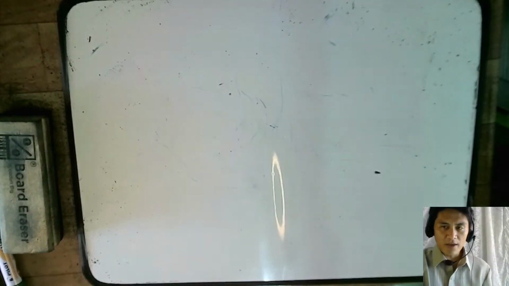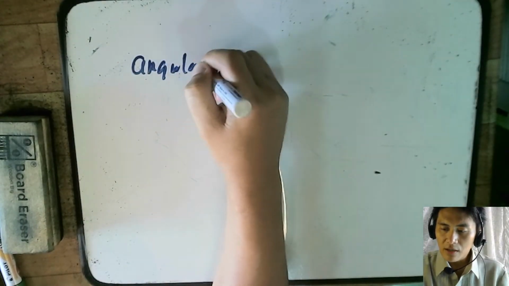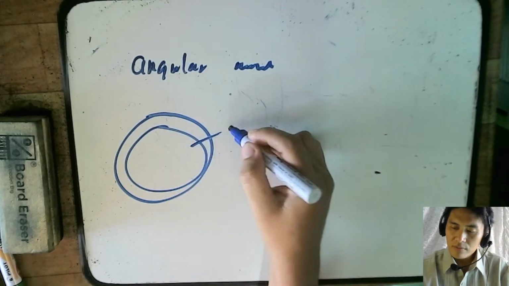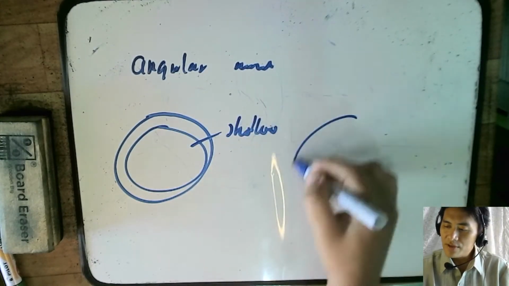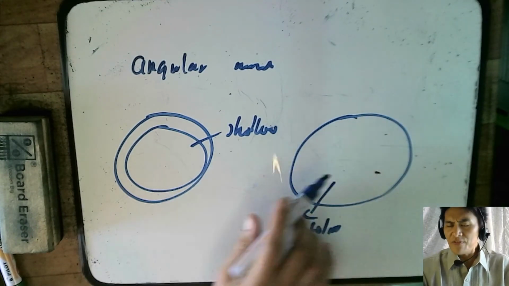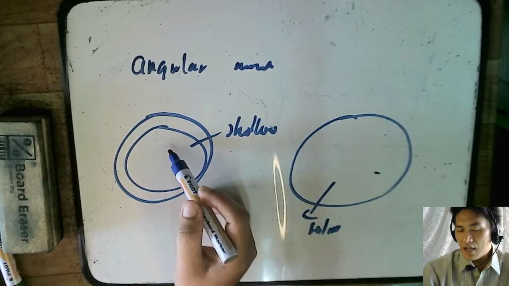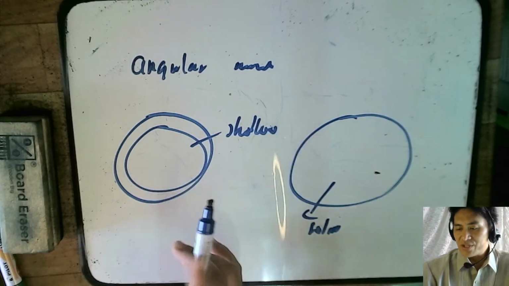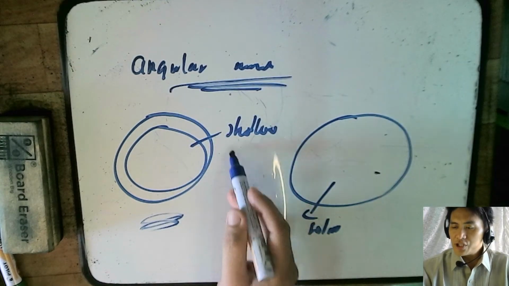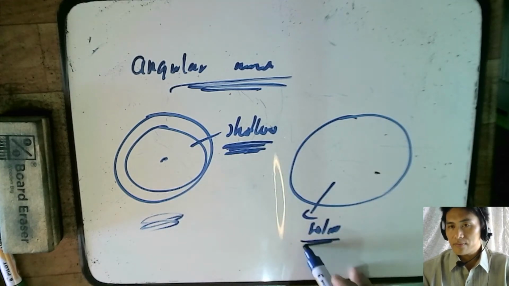And then another thing is, scientists have a concept called angular momentum. If you have a sphere that is hollow, and a sphere that is solid, even if they are the same size, when you spin them, because of angular momentum, the hollow one would spin differently from a solid one.